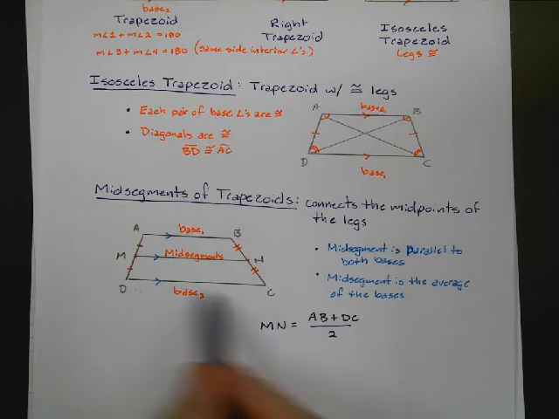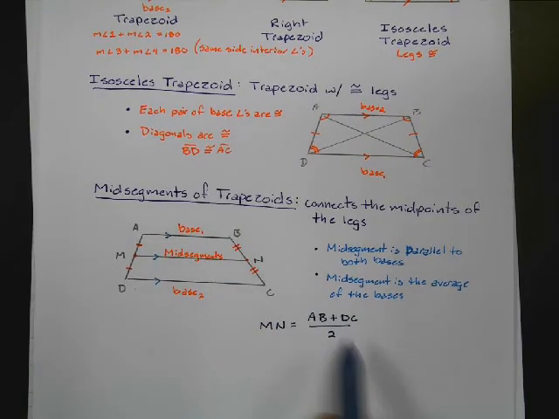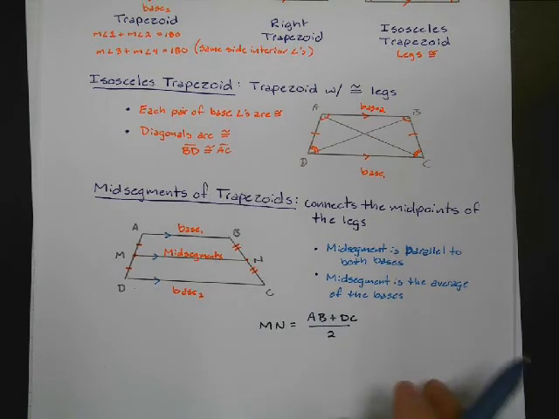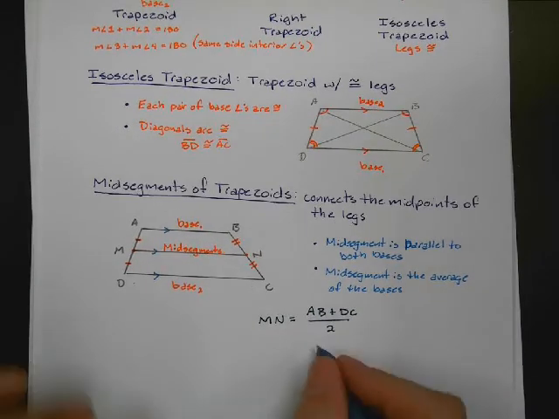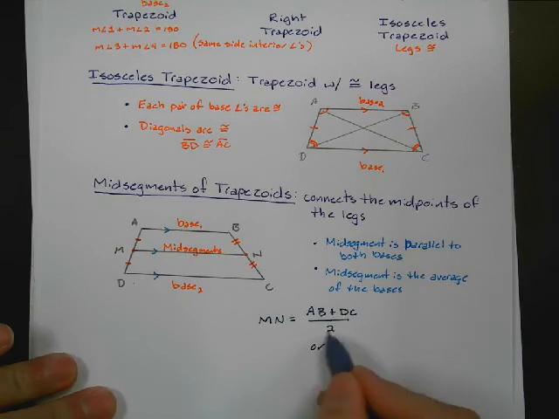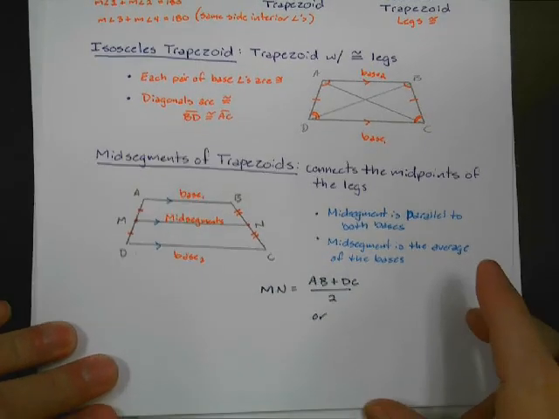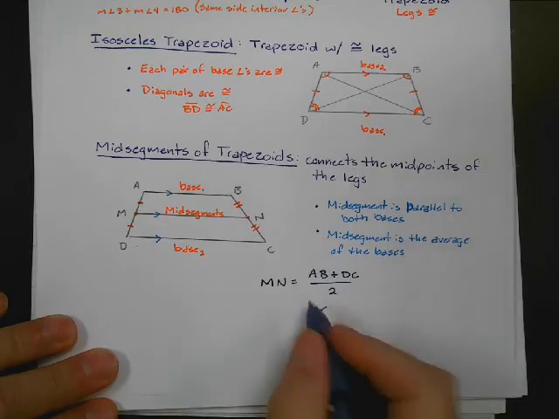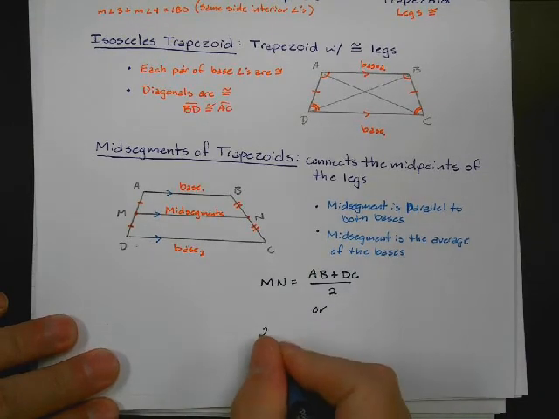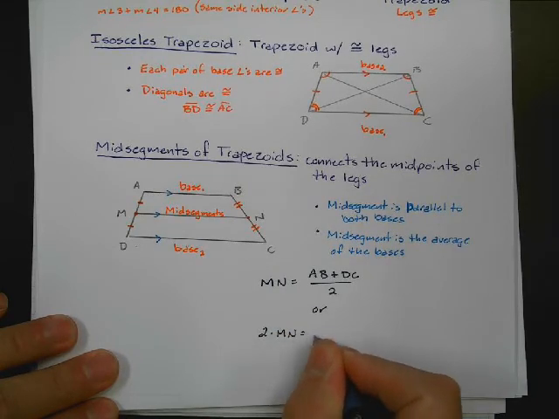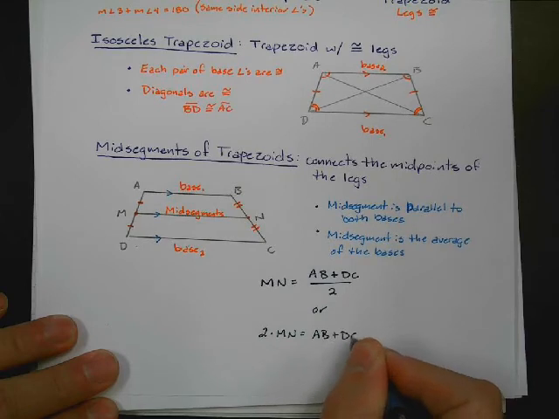You would take this one plus this one, divide by 2. MN is halfway, so it's the average is halfway in between them. Now you can write that equation, or if you don't like dividing by 2, because remember we ran into problems with dividing by 2 when the numbers were not even, what you could do instead is do 2 of the midsegments is equal to AB plus DC. And those are equivalent equations.